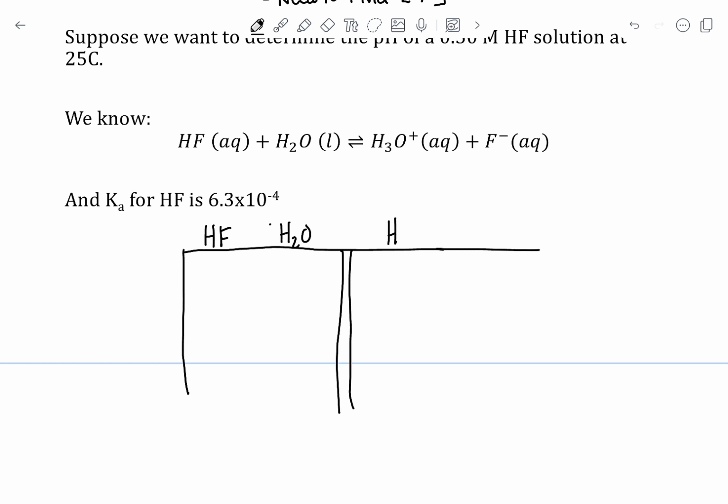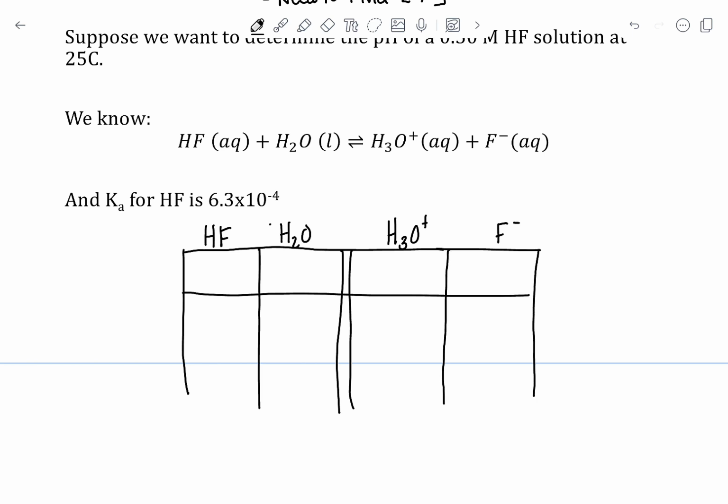We have H3O plus, and we have F minus. And then we have initial, change, equilibrium. So we set up our ICE table the same way that we did in our previous chapter.